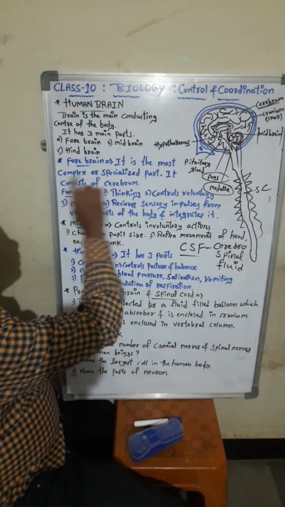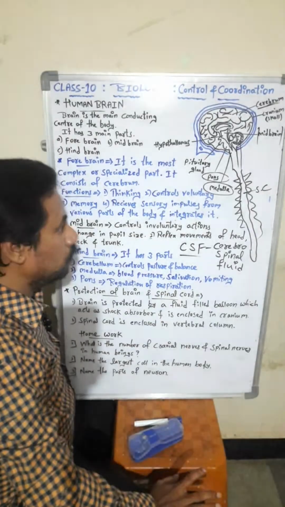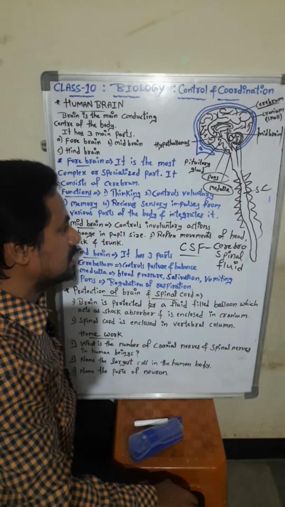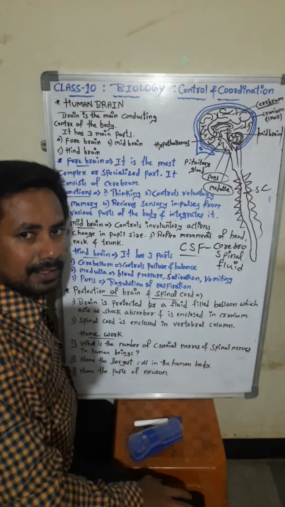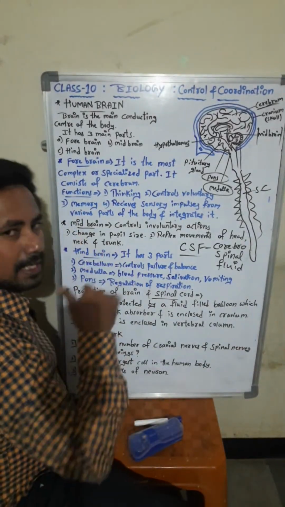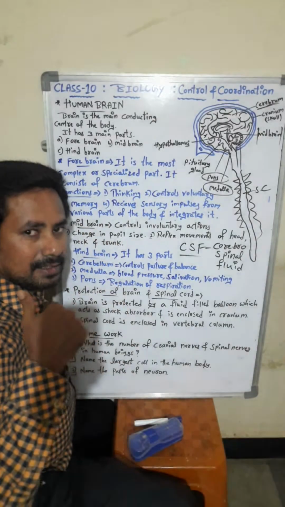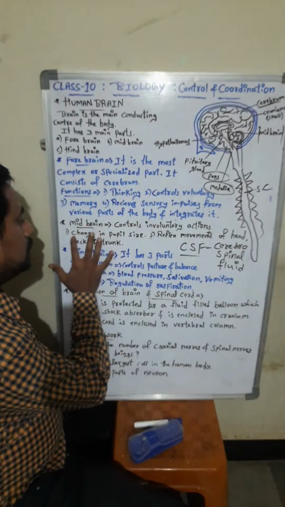Forebrain, that is cerebrum, functions in thinking, controlling voluntary actions, memory, and receiving sensory impulses from various parts of the body. Midbrain and hindbrain control involuntary actions which are not under our control.